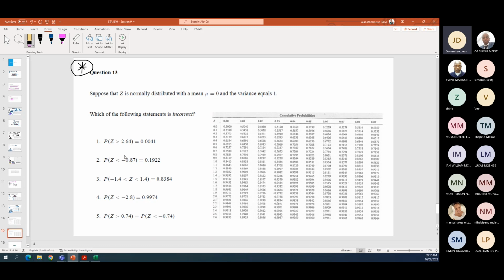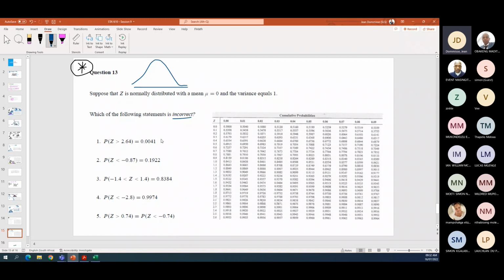It is the same question, but I want to draw a lot on it so that we can see everything. Okay, so the first one that they ask us is the probability of, and they ask us which one is incorrect.